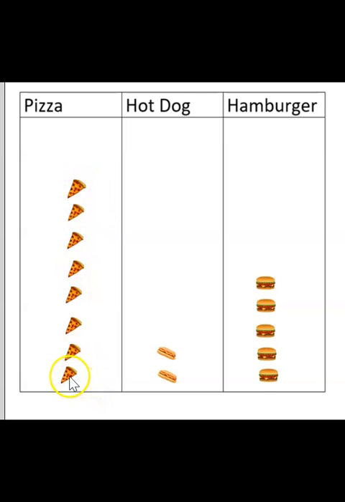Let's count them. 1, 2, 3, 4, 5, 6, 7, 8. That's 8. I would need to buy 8 pizzas. And 2 hot dogs. And we said 5 hamburgers. Very good. Now we're going to look at another way to look at this data.